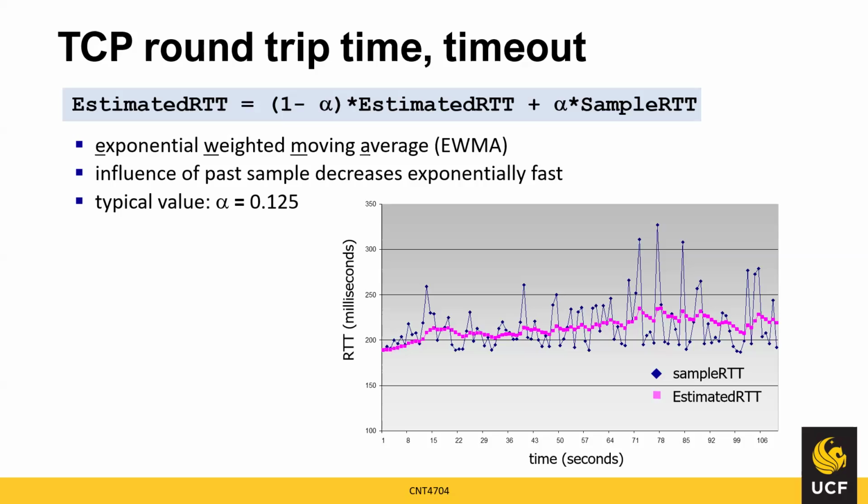We notice the blue line goes up and down, so it fluctuates a lot, while the pink one, the estimated RTT, moves very smoothly. That is the benefit of exponential weighting: TCP avoids reacting to every small spike that could be congestion or delay, and it makes it more stable overall.